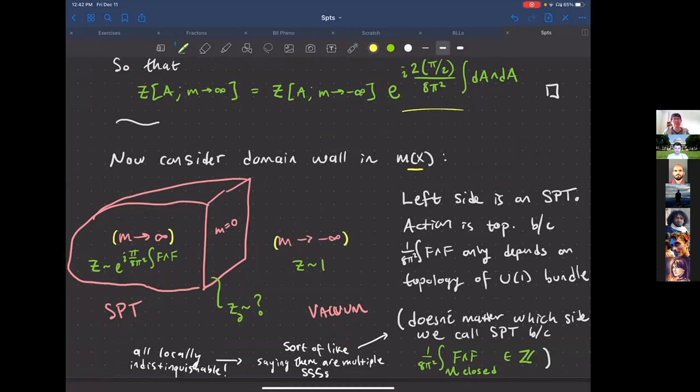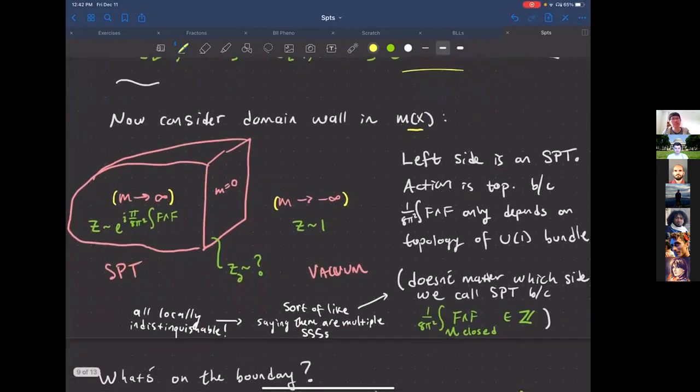We can choose our conventions such that when m goes to -infinity the partition function is 1, and when m goes to +infinity the partition function is this number. The reason I can do this is that this number actually turns out to be ±1. If you look at how this f wedge f is quantized, this phase is always ±1.